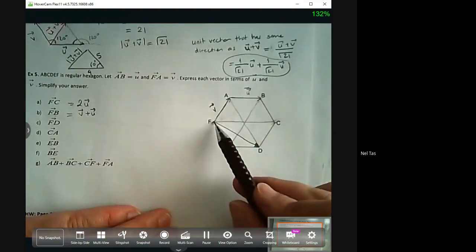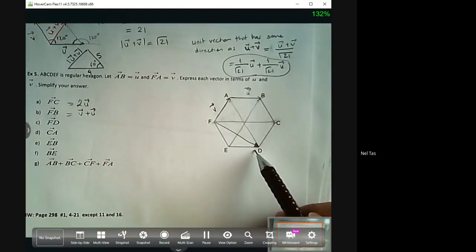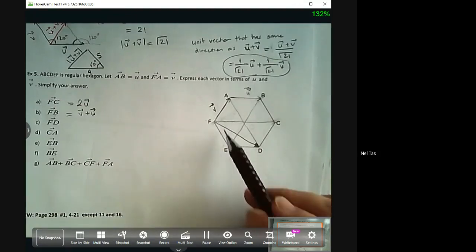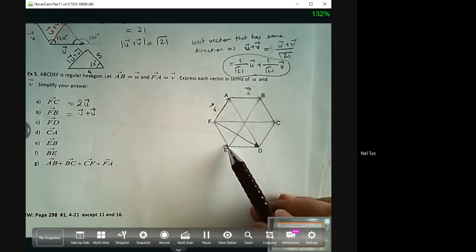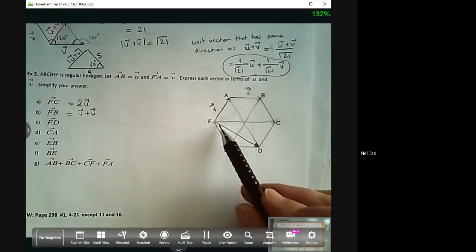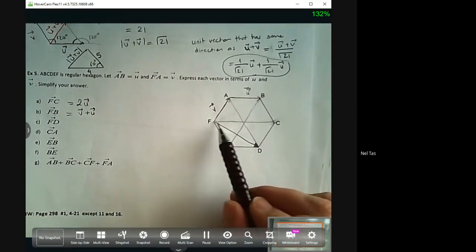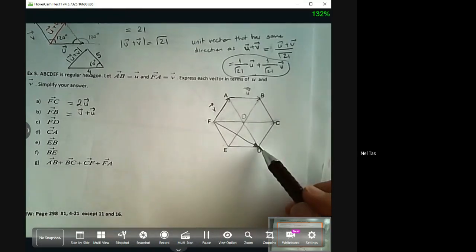If you go from F to E, E to D, you don't know FE. That's the problem. So you have to follow another way to go from F to D. If you do FE plus ED, we don't know FE vector. Then I'm going to follow another route following those lines. So for example, can we do FO plus OD? We cannot. Again, we don't know OD vector.